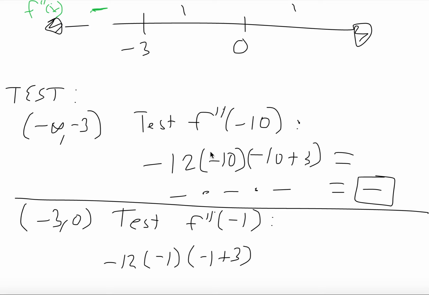Now notice, I'm going to look at what the signs are here. This is a negative number, this is a negative number, and this is a positive number. Negative times negative is positive, times positive is positive. So I'm going to be seeing that the second derivative in this region is positive.